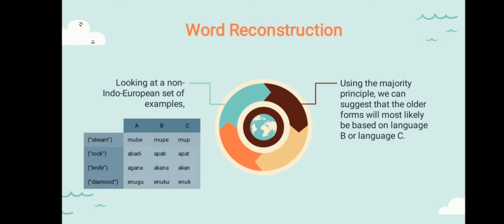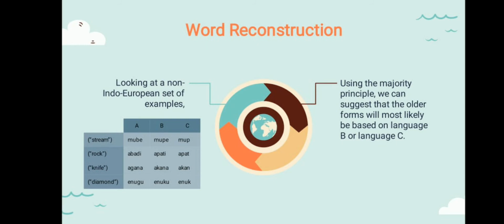Using the majority principle, we can suggest that the older forms will most likely be based on language B or language C. If this is correct, then the consonant change must have been P to B, T to D, and K to G in order to produce the later forms in language A.